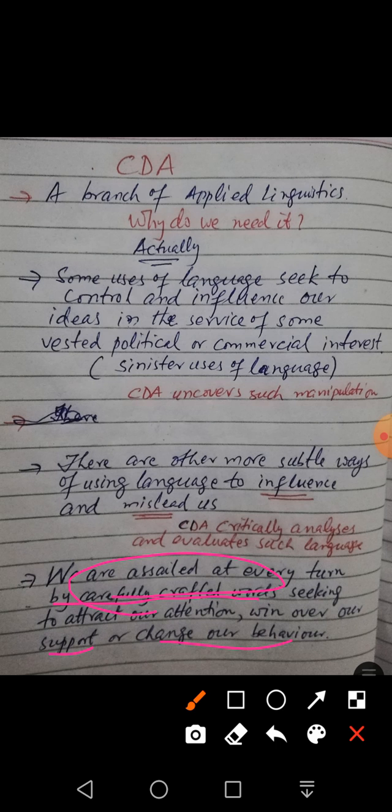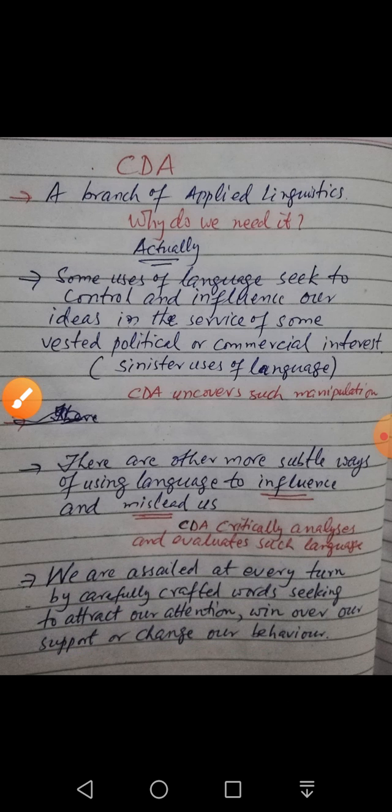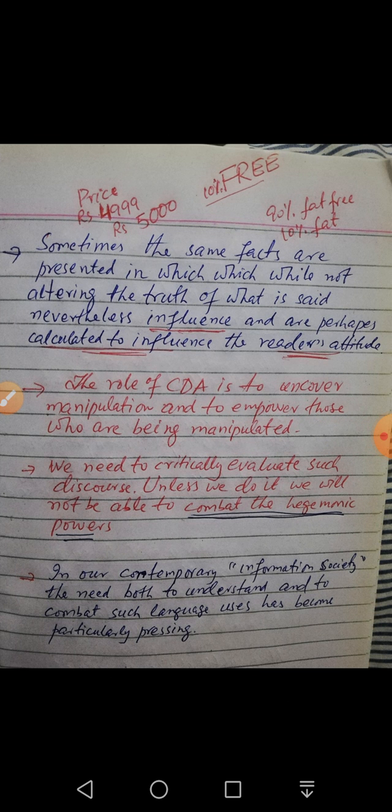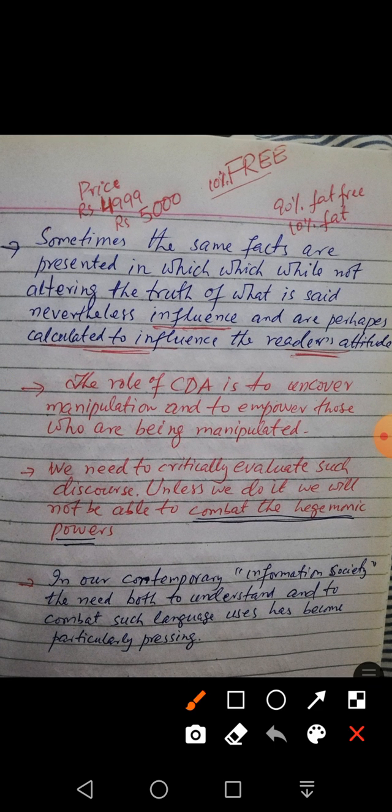Unless our reader is sensitized to such language or such discourse, he or she will be misled, and his or her behavior will be changed by the language used by some vested interest. So let me give you some examples. Now, some people present the same facts, but they use different vocabulary. Let me read: the same facts are presented in ways which, while not altering the truth of what is said, nevertheless influence, and are perhaps calculated to influence, the reader's attitude.